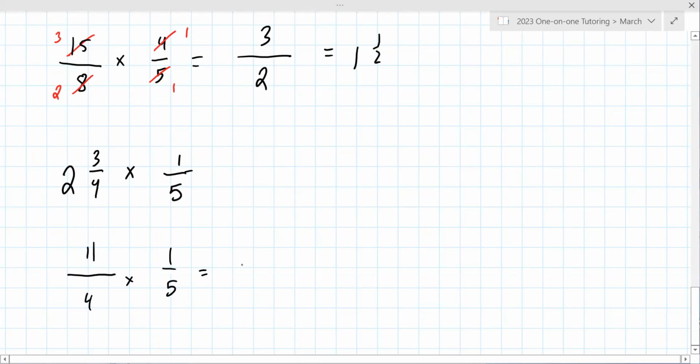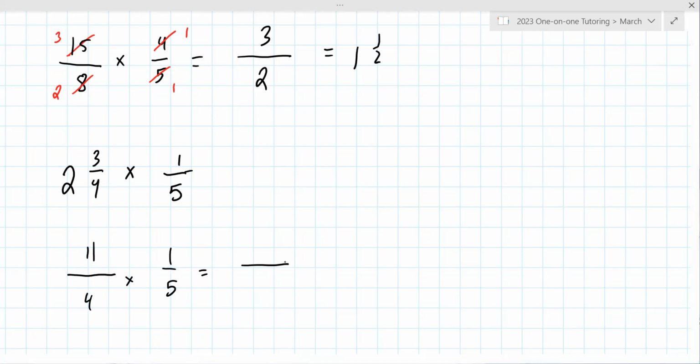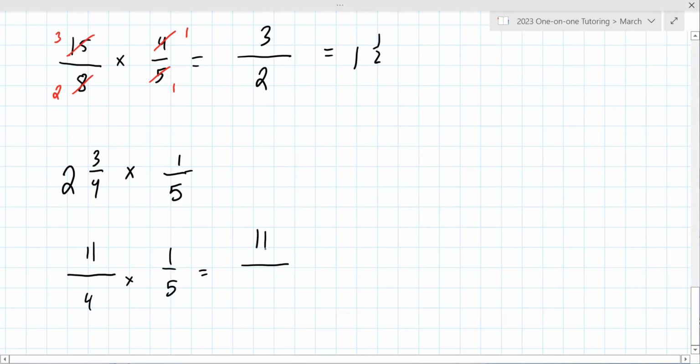Times 1 over 5. Is there any pre-reducing? Nope, not in this one, unfortunately. So 4 and 5 is 20. 11 times 1 is 11. 11 over 20. Yeah, and if you write the correct thing, that's fine.